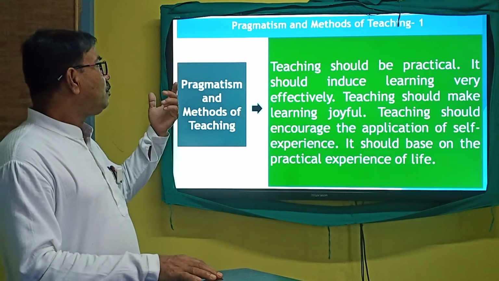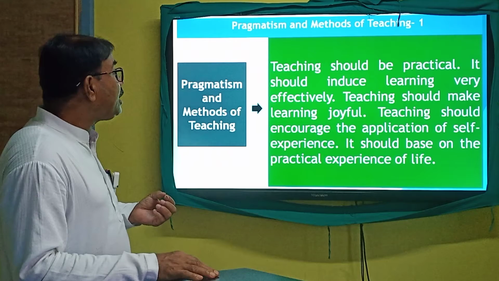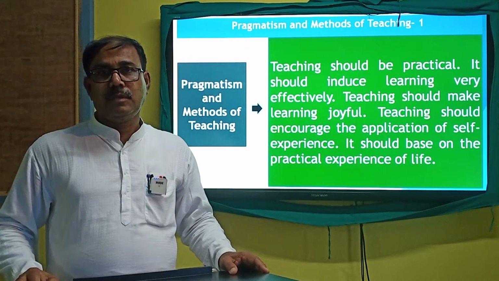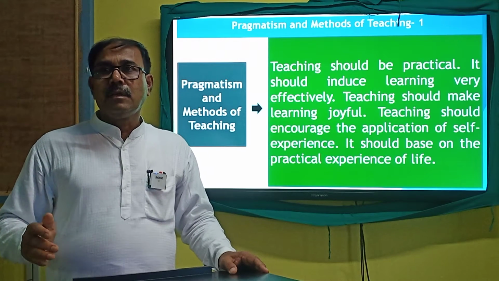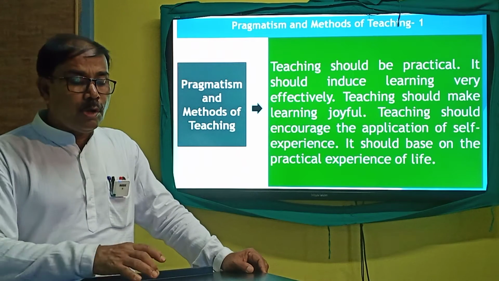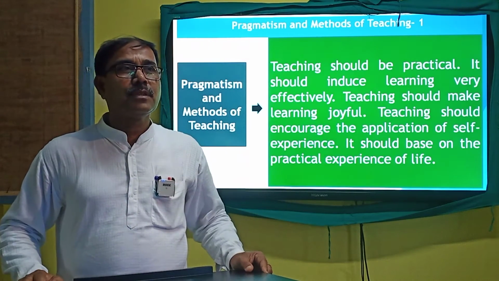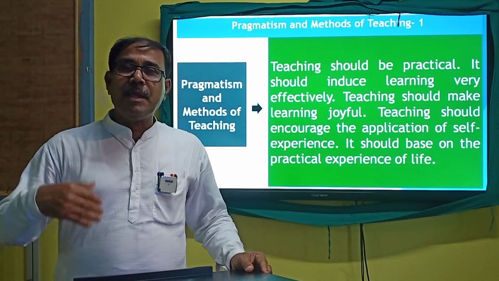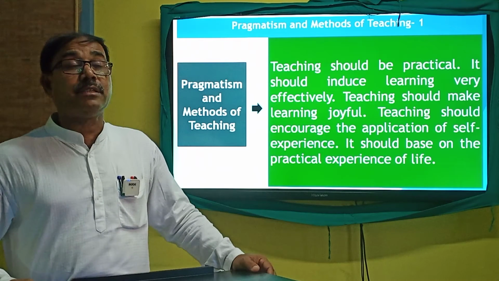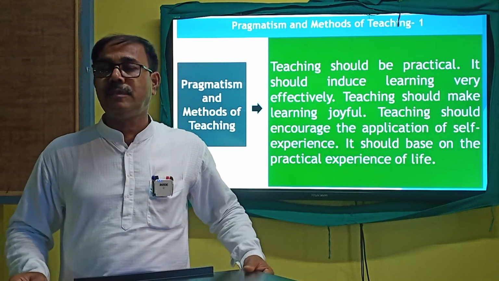Teaching as per this school of philosophy should be very practical. Instead of going to the class, depending on the contents of the lesson, simply delivering lectures before the students is not sufficient. Teaching should be quite participatory.